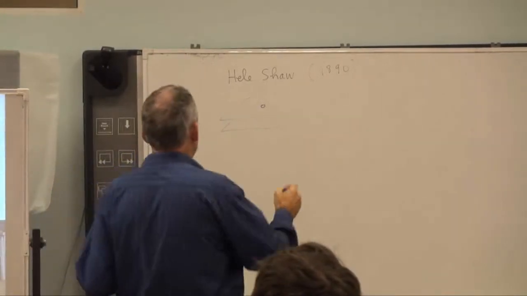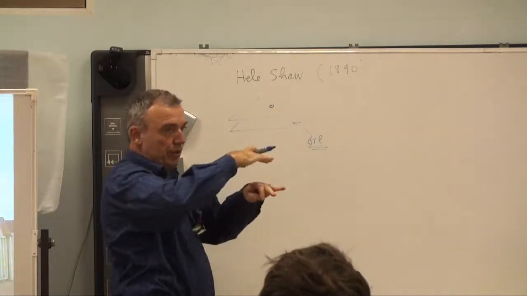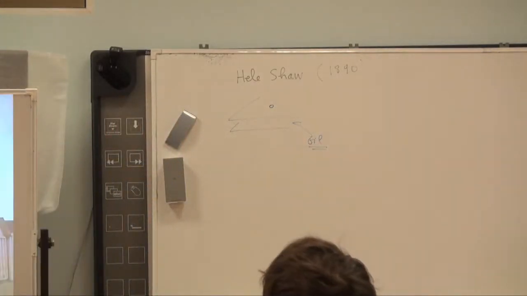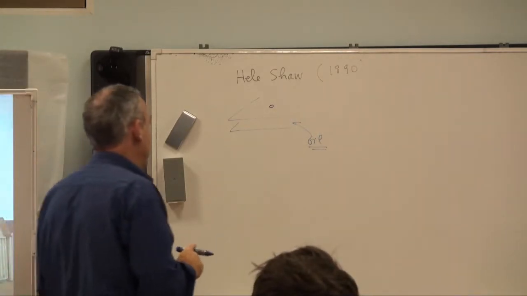The fact that you have two plates nearby to each other is just to make the process two-dimensional and to avoid gravitational problems which are irrelevant here.